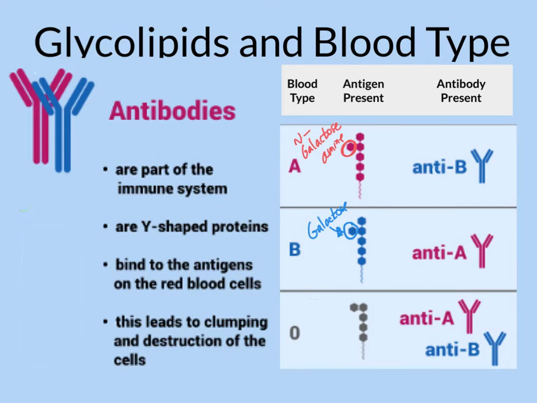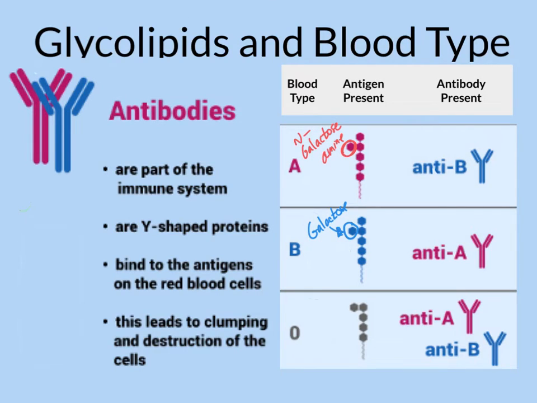If we have type B blood, it's going to have anything that likes B, it will not attack. That means it will attack anything with A in it, so it cannot accept type A blood, but can accept B and O. It cannot accept AB because it has some A in it.